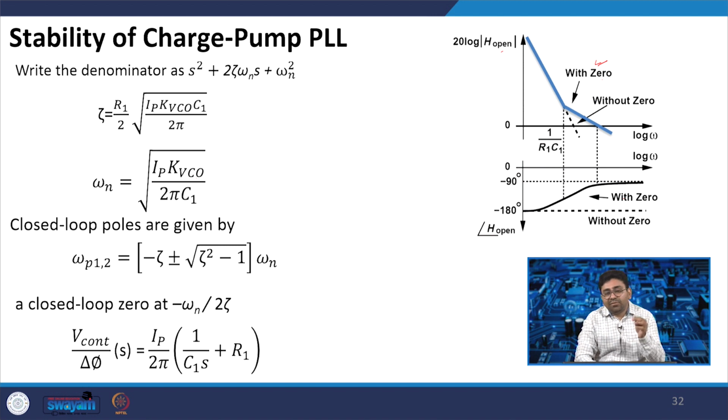So, here we have tried to address both problems that we saw in the type 1 PLL, that is the problem of phase and frequency and the problem of stability. Both problems can be solved in the type 2 PLL.